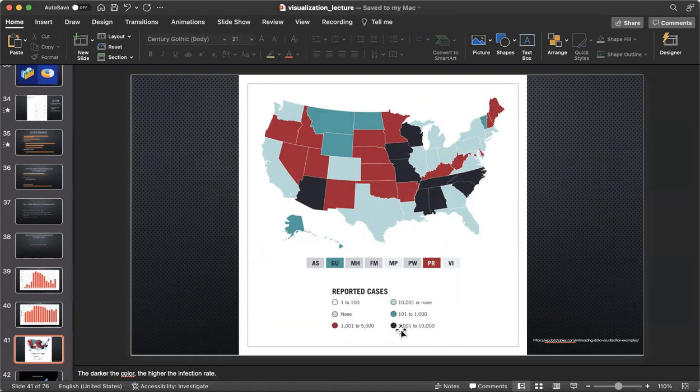So for example, maybe black is more infection, red is less, and that makes sense. But again, troublingly, I think this light green color or whatever this is has higher infection. That just misleads the eye. So I think picking the right color scales is really, really important.